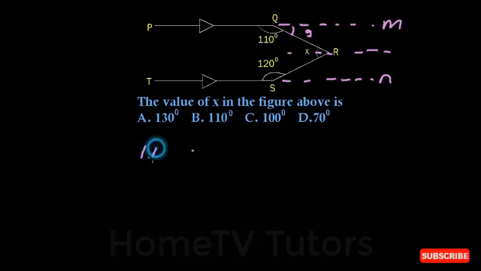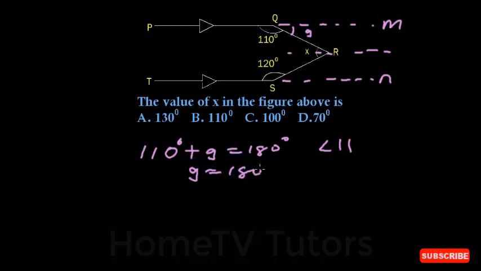We now have 110 degrees plus G equals 180 degrees. That is, angles on a straight line. Okay, so we now have G as 180 degrees minus 110 degrees, which is 70 degrees.